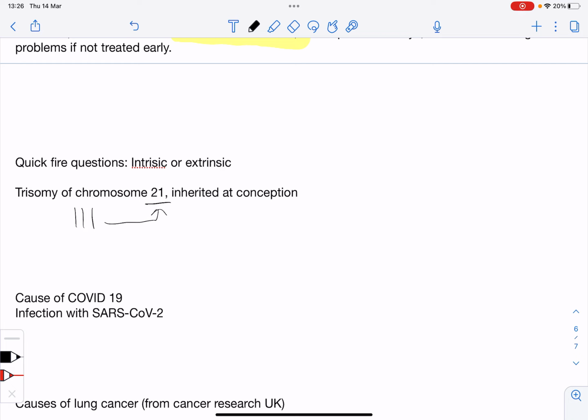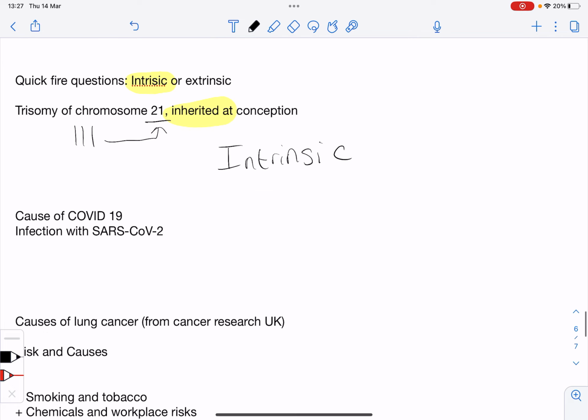So as we all know, anything that relates to genetics or the structural makeup of the body is called intrinsic. So it's inherited, it's intrinsic. Answer: intrinsic. Well done to those who got it correct.